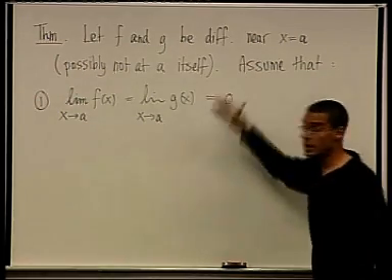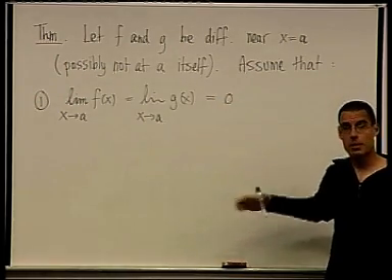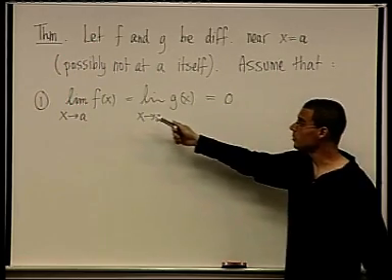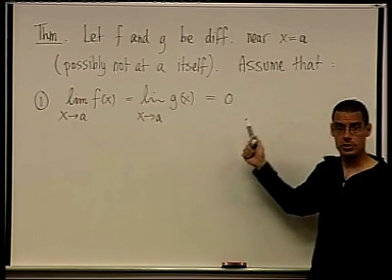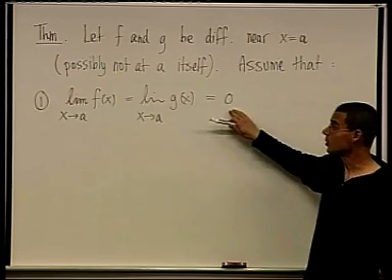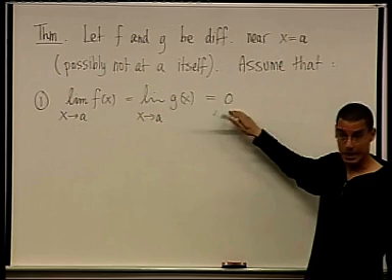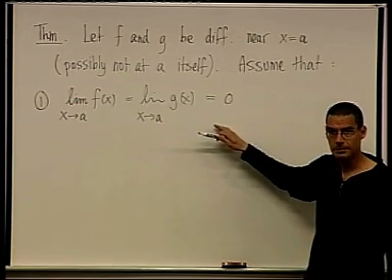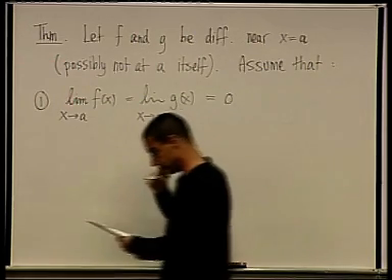So remember we said this is a bunch of theorems. I'm writing the first one. Okay? So here we assume that we're in the 0 over 0 situation. Both f and g go to 0. And I'm going to be interested in the limit of the quotient. Okay? Everybody with me? Okay, good.